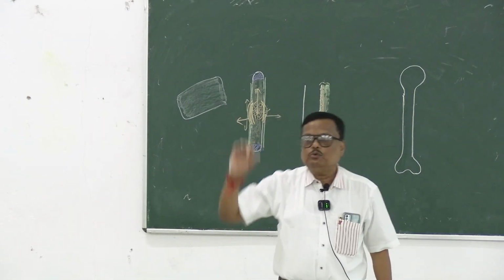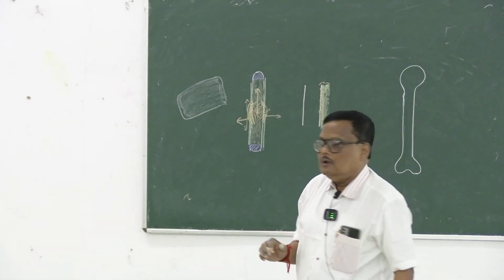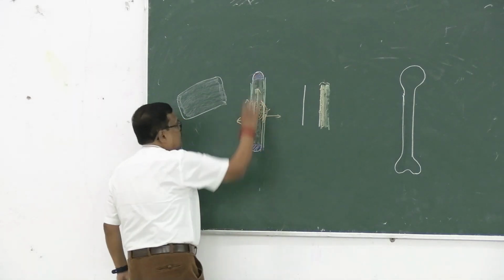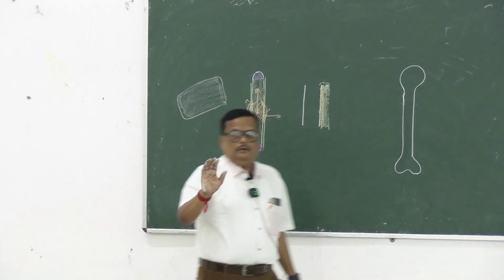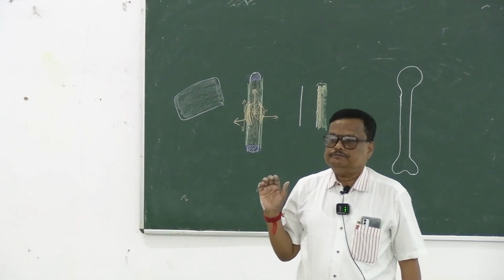In this way, bone is increased gradually and the baby is born. But at the extreme end, it becomes cartilaginous.